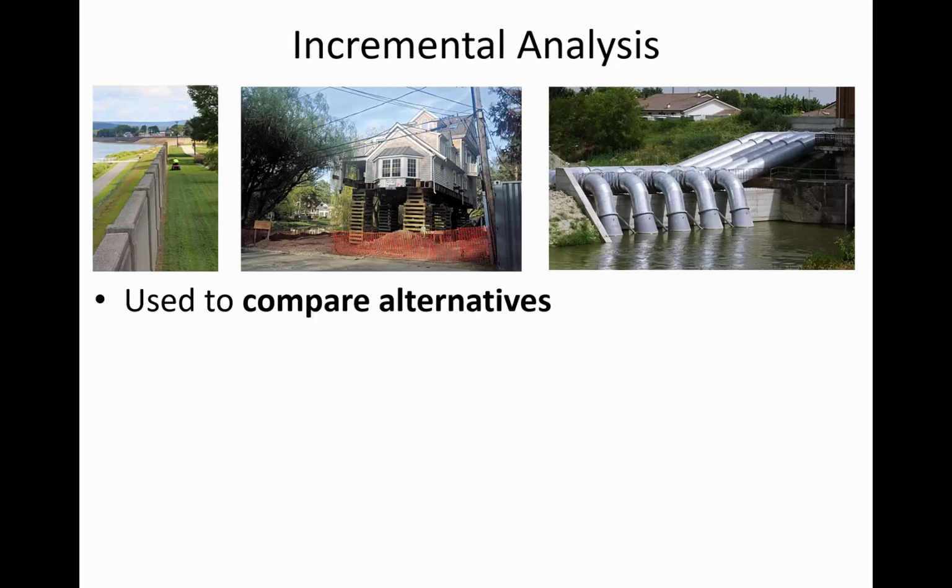All right. So with that said, in incremental analysis, we've got multiple alternatives. On Monday, we were considering situations where there was just a single alternative that was being evaluated, and our decision criteria there, how we knew if an alternative was acceptable or unacceptable, was that the benefits should be more than the costs.